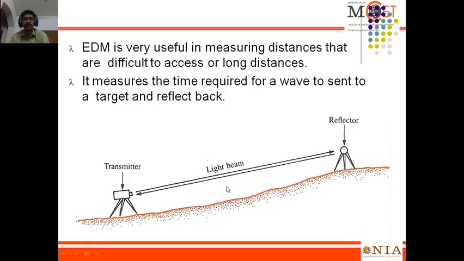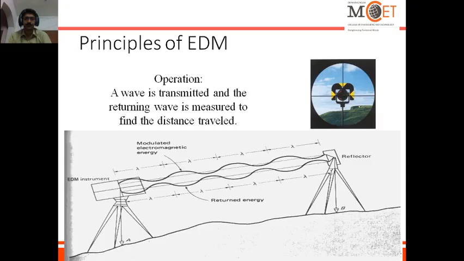This is the principle used in measuring long distances. So, the principle of EDM is explained here in detail. A wave is transmitted and the returning wave is measured to find the distance traveled. The EDM instrument sends the signal and it gets back from the prism.